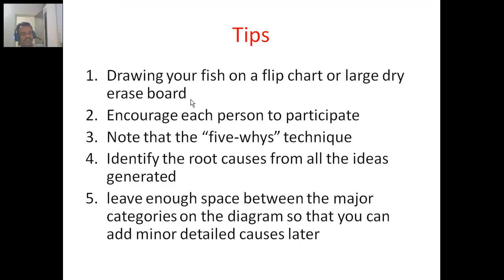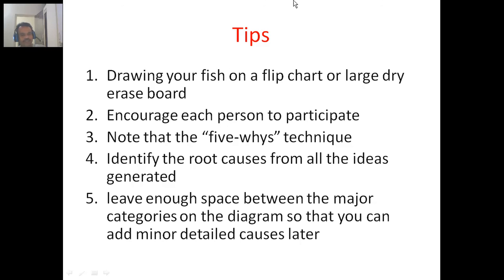The trick that I use is to ask the participant to use the pen like a mic, and as long as the person is holding the pen, that person continues to talk and others just listen or reciprocate. And once the pen is handed over to the next person, that person starts speaking. So that minimizes over participation or less participation, and it encourages almost everyone to speak.